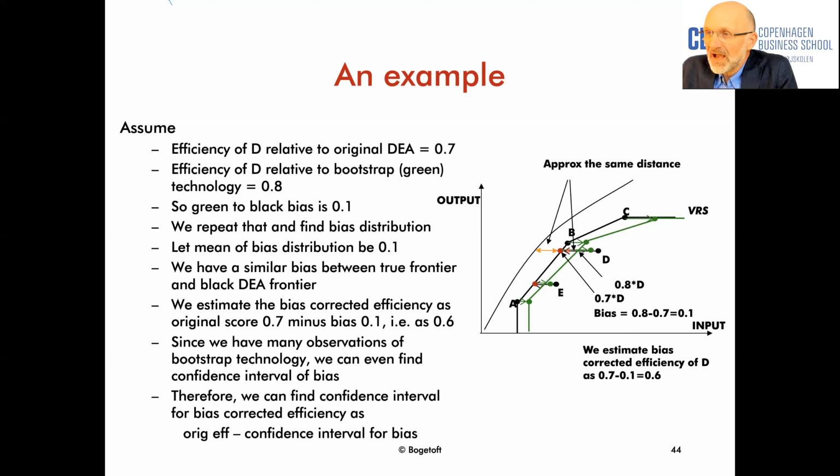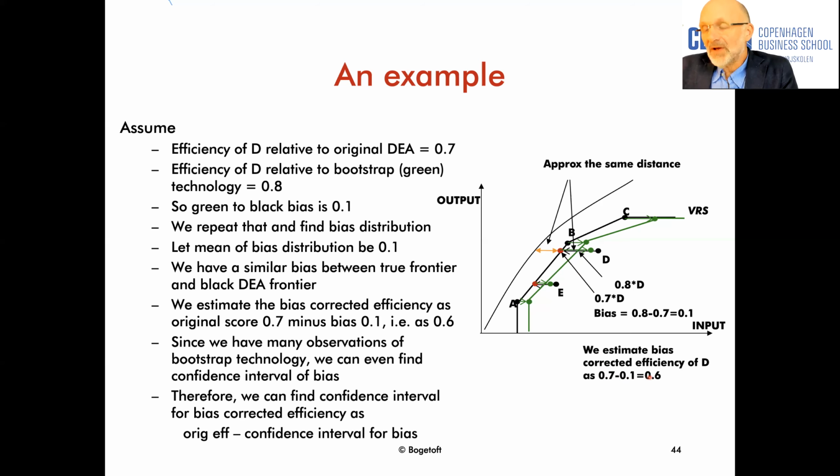So since we can calculate this difference, and we say that these two are approximately the same, we can find an approximation for this orange one here, and that we can subtract from the original efficiency score. So if the original efficiency score was 0.7, I can subtract this orange bit, and then I get down to 0.6.